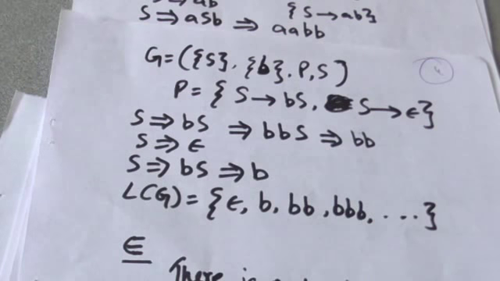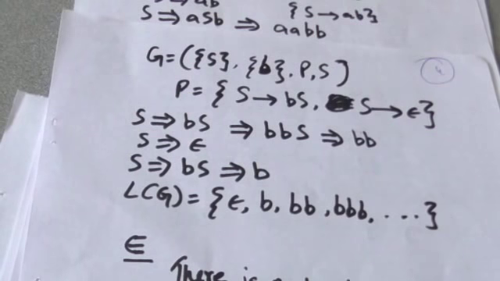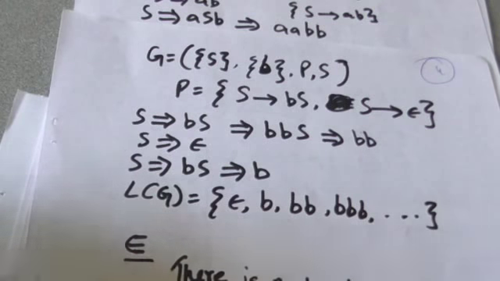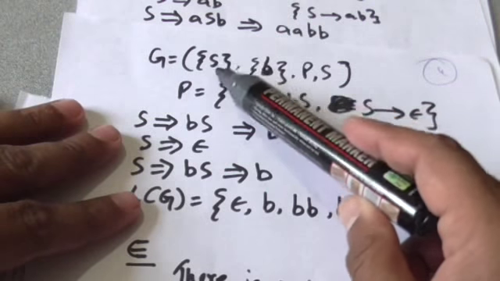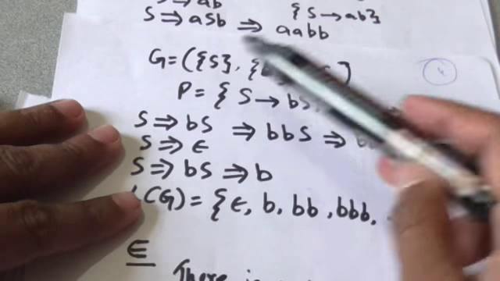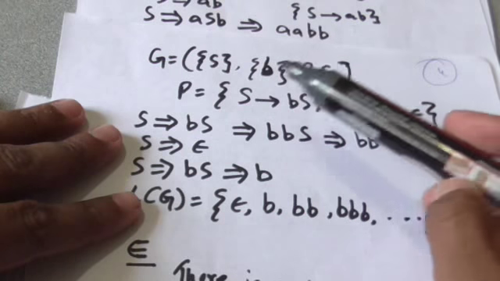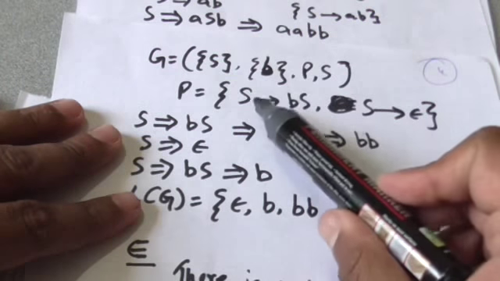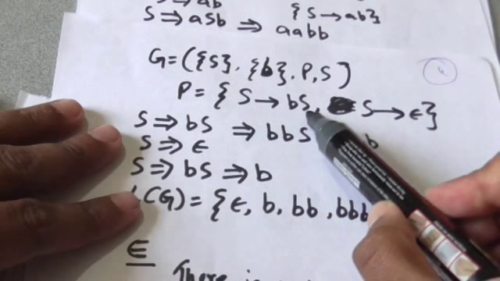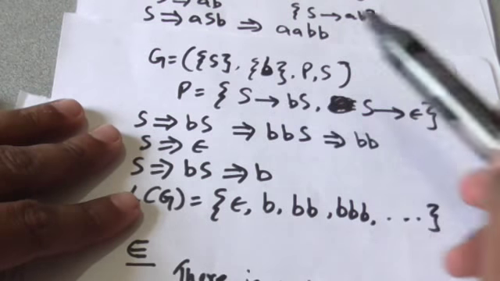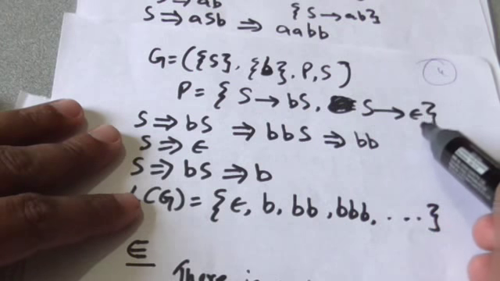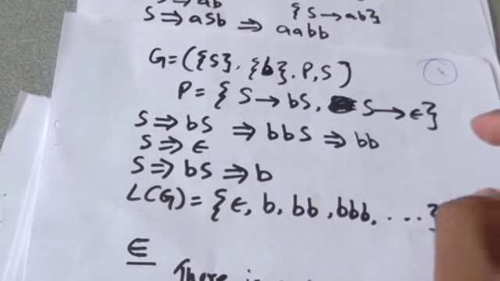Now let us see this grammar G. It has only one variable S, which is the start symbol. It has the following productions. S derives bS, where this small b is a terminal. It has only one terminal, b. S derives empty string, right?